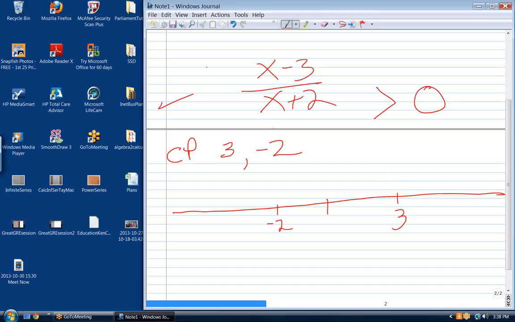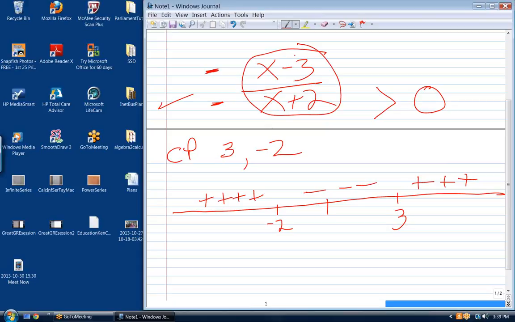When I plug in -3, I have a negative divided by a negative, which is positive, so these are all still positive. When I plug in 0, I have negatives. And when I plug in a number greater than 3, I have all positives. So this has the same solution set as the other one did. In other words, x is less than or equal to -2, or x is greater than 3.